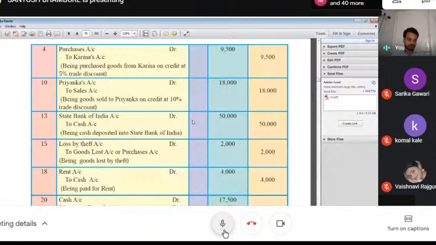What is the narration? Who will explain the narration? Sejal, my voice is coming. Okay. So, son account debit to mother account. What is the narration?